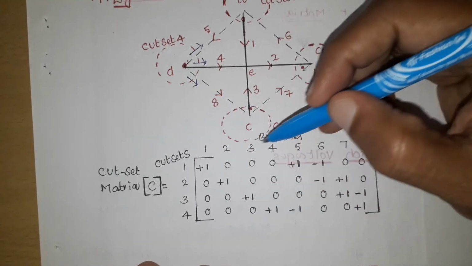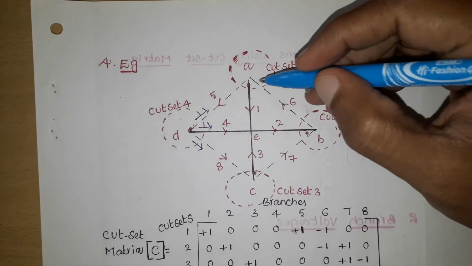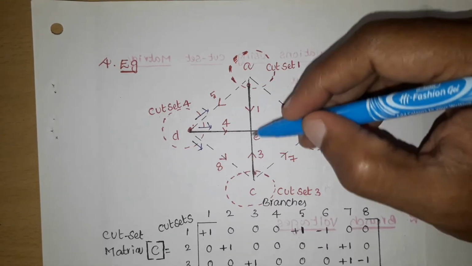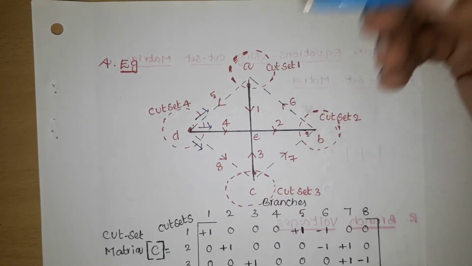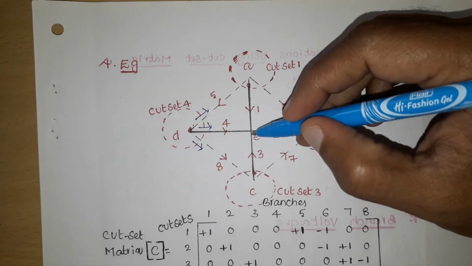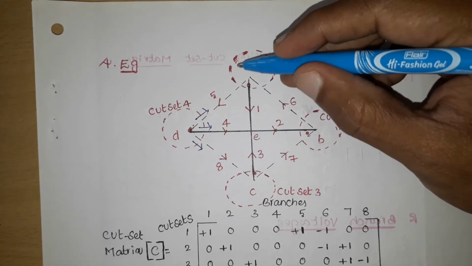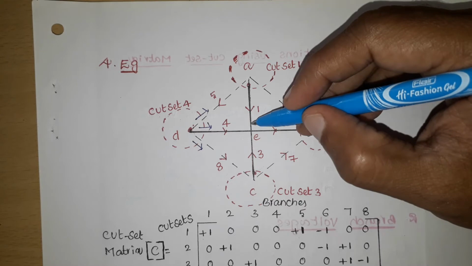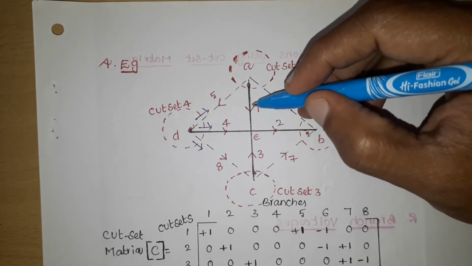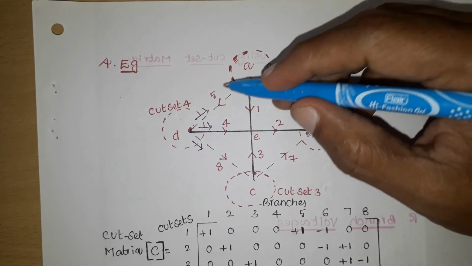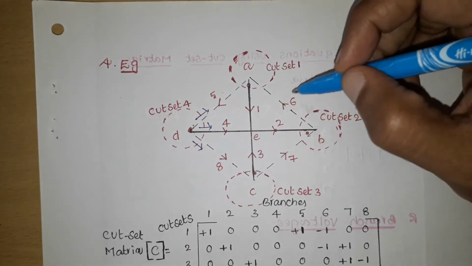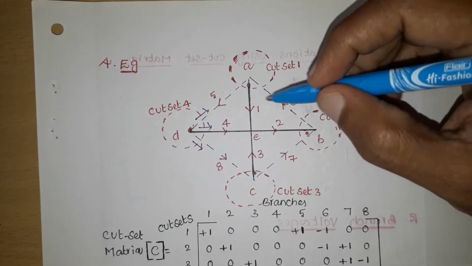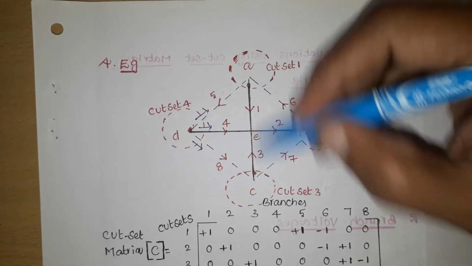Again, in that 1, 5, 6, we have to take the current in this twig as reference. The current is flowing from this part to this part. Now we have to compare the currents in the 5th branch and 6th branch with reference to the direction of that current.